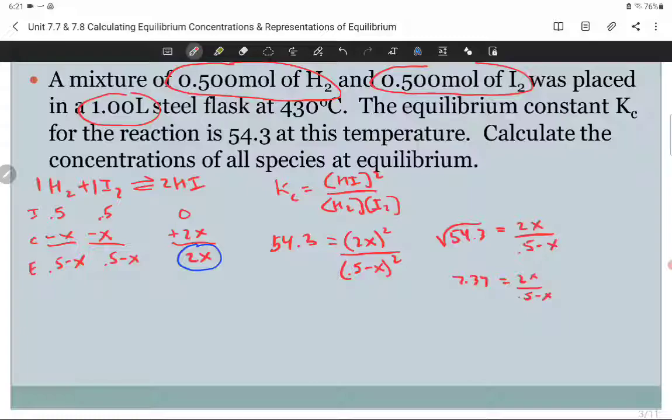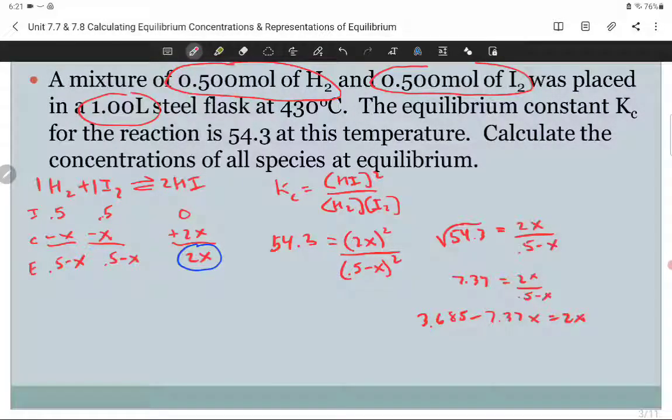Now, on my calculator, I left more digits than 7.37, but that's all I wrote down here for sake of room. And then I'm going to multiply both sides by 0.5 minus x, and that's going to give me 3.685 minus 7.37x equals 2x.